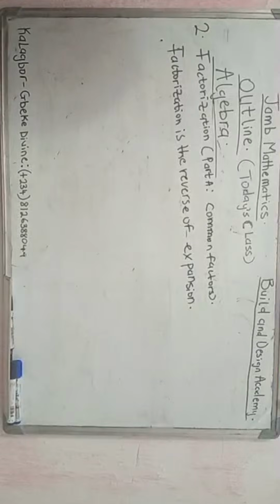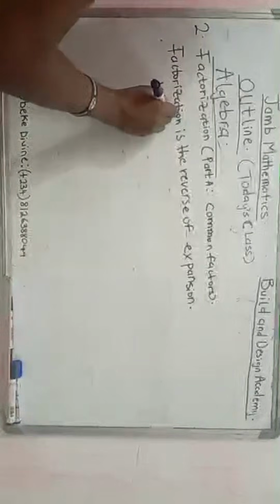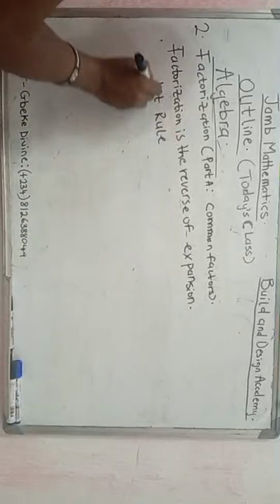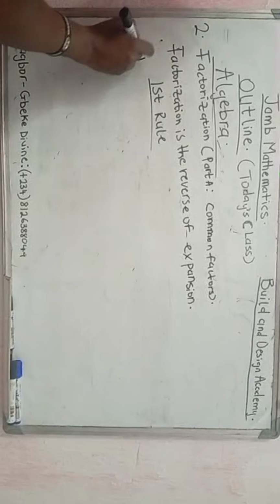Now, let's take the first rule of factorization. Before you factorize, you need to know this rule. The first rule of factorization is to always look at the highest common factor, which is the HCF.